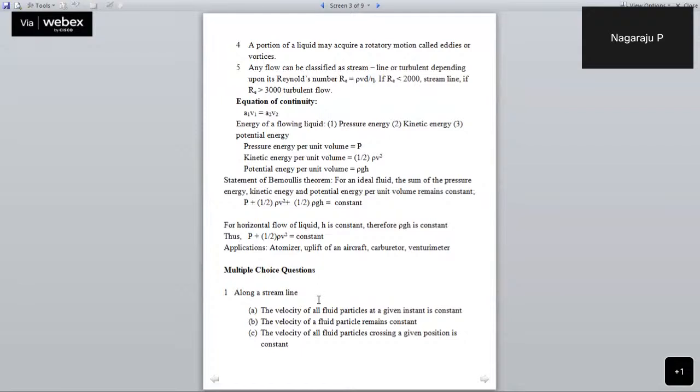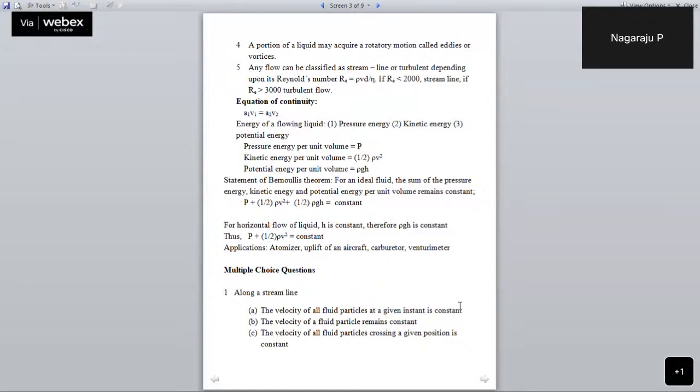In fact, especially in these types of questions, you have to read all of the options. Sometimes the last one may be the correct answer, because you may feel that the first one is correct, the second one is correct, the third one is also right, and even the fourth one. But in this case, when you read it: the velocity of all fluid particles at a given instant is constant.